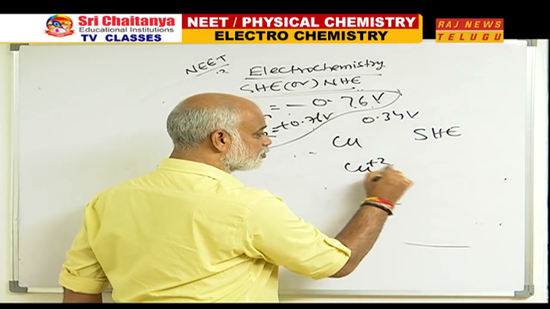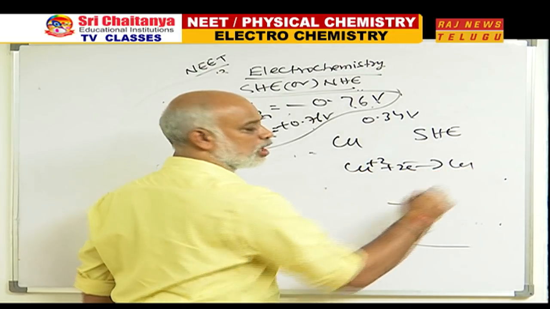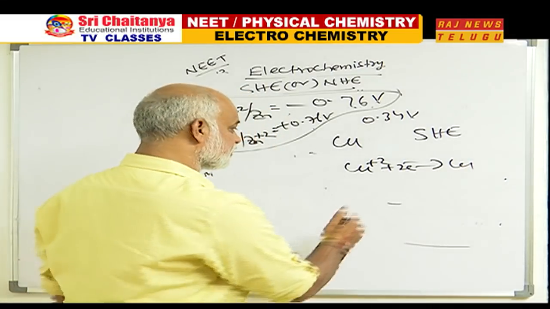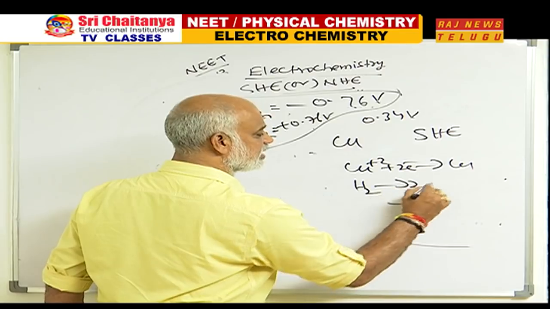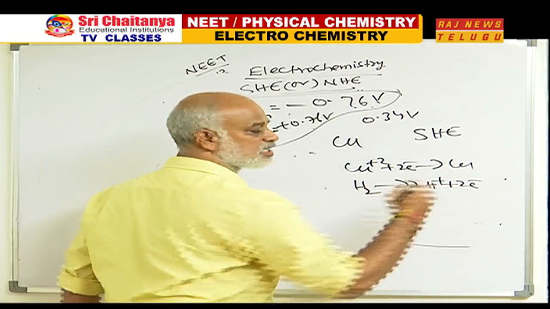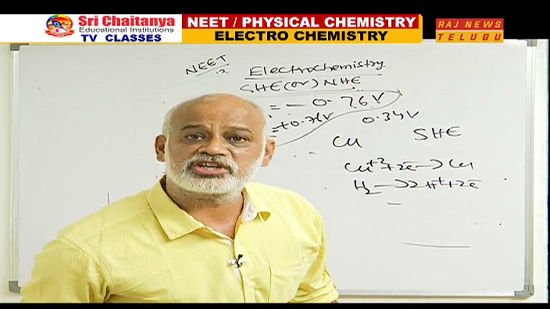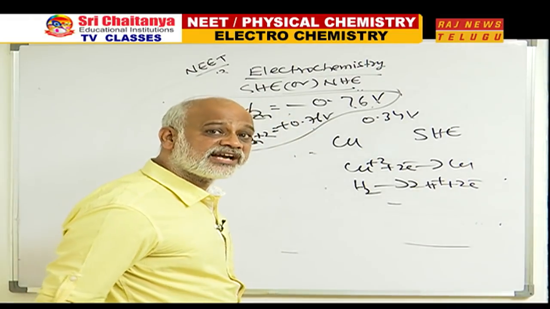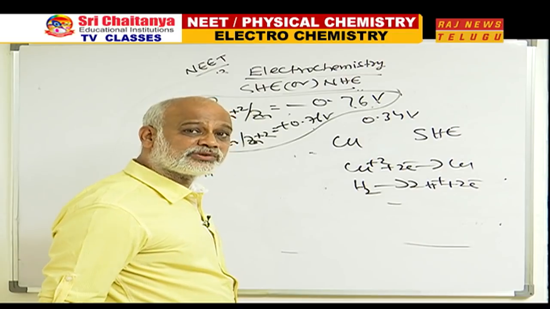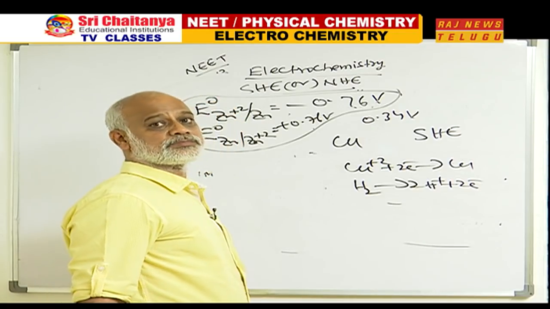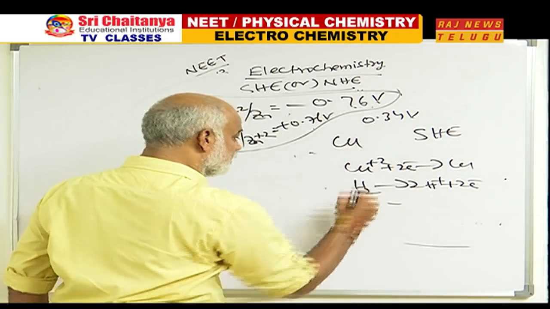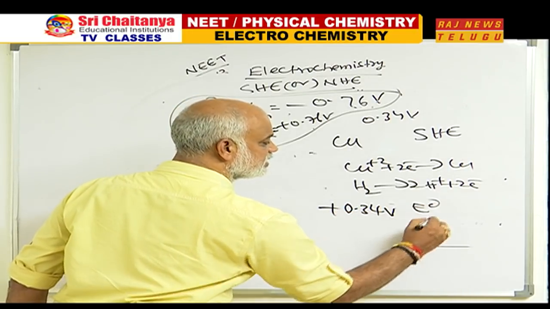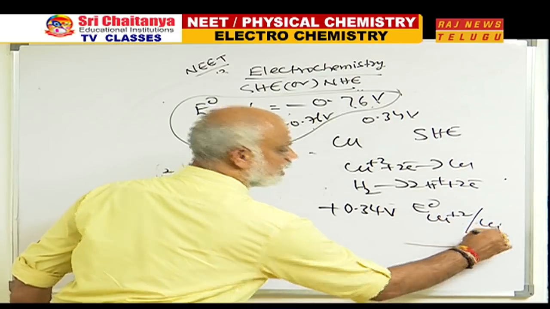Means Cu2+ plus 2 electrons giving copper is the spontaneous process occurring at copper electrode. Therefore, naturally, what is the reaction spontaneous at hydrogen electrode? H2 giving H plus. Tell me, what is the spontaneous reaction at copper electrode when connected to hydrogen electrode? Reduction.